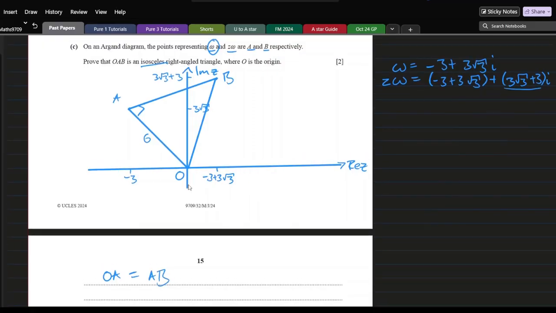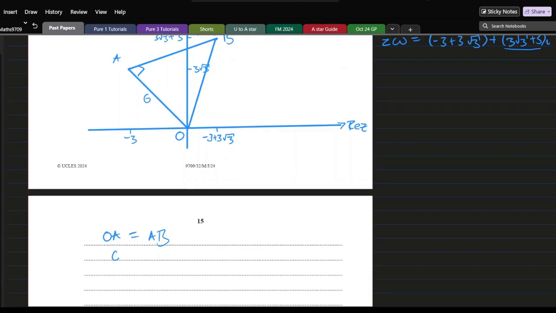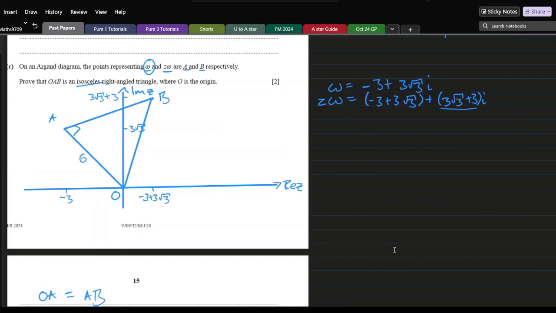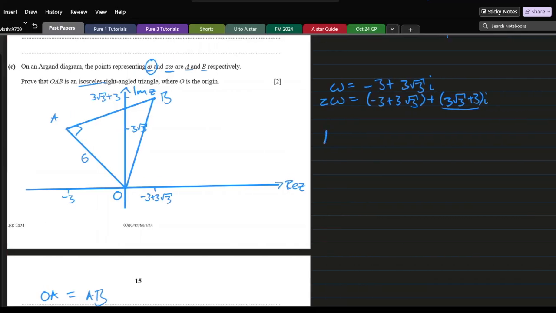So we say that OA is 6. Now we need to find what AB is. So let's find the modulus of AB. The modulus of AB would be equal to the square root of the x coordinates, or real coordinates.